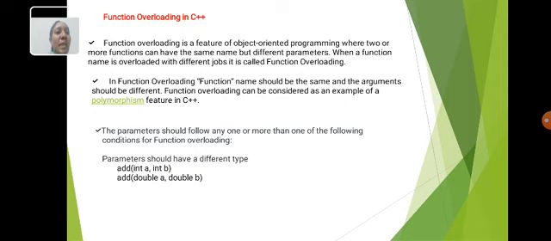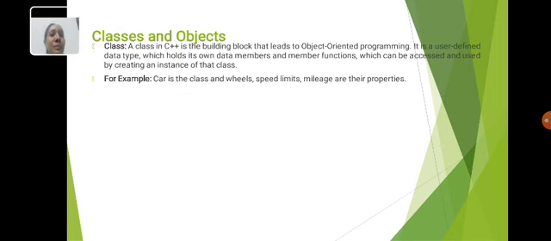Function overloading can be considered as an example of the polymorphism feature in C++. The parameters should follow any one or more of the following conditions for function overloading. The parameters should have different types. Add int a, int b. Next, add double a, double b.